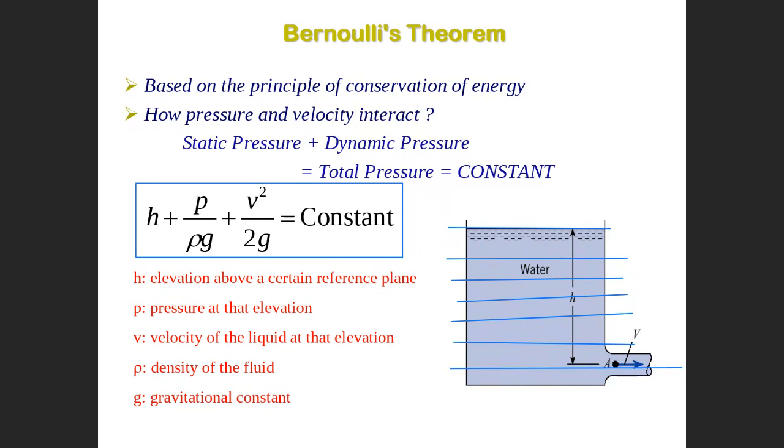Here h is the head of the liquid, p is the pressure at the point, rho is the density, g is the gravity acceleration, and v is the liquid speed. This sum is constant. This is the Bernoulli equation.